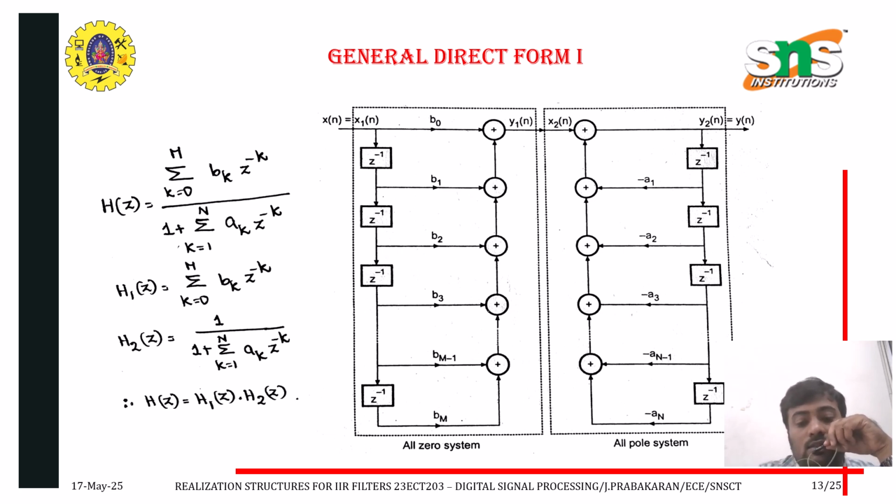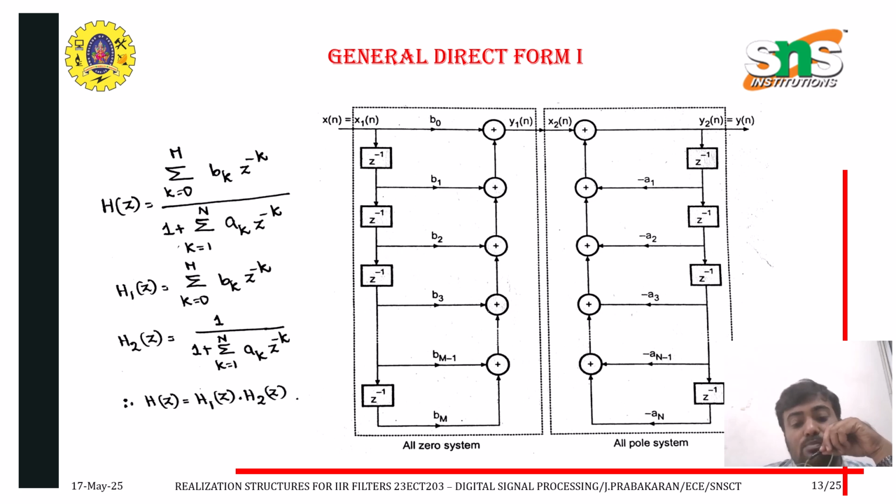In the feed forward path, it implements the convolution of the input, using delay elements, which are z power minus 1, multipliers b suffix k, and adder circuit.